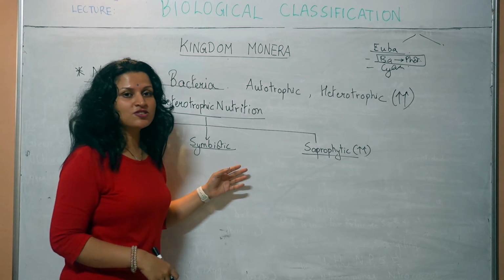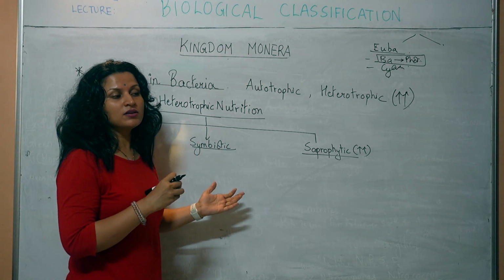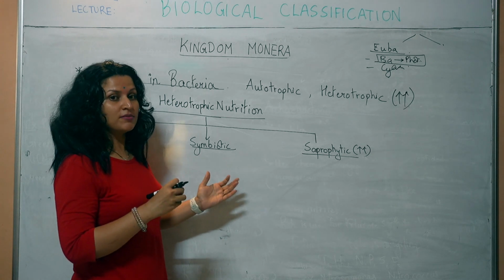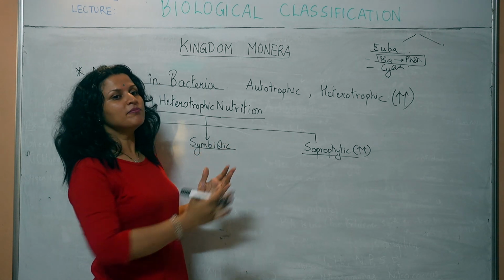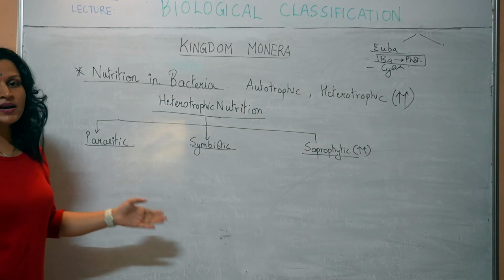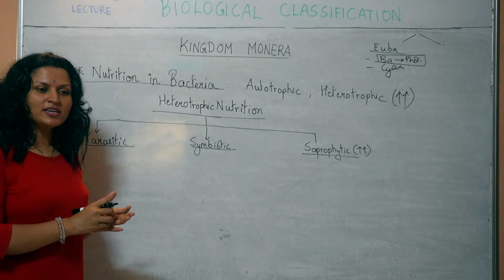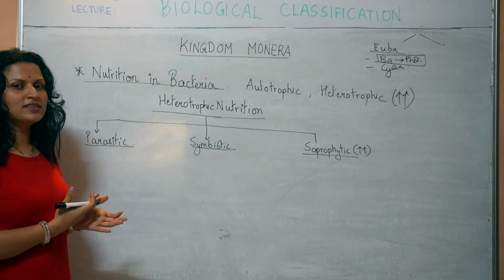In symbiotic nutrition, the bacteria will absorb nutrition from another organism, but give something back to the organism also. The difference between parasitic and symbiotic nutrition is that in parasitic nutrition, the bacteria will only keep on absorbing without giving anything in return.